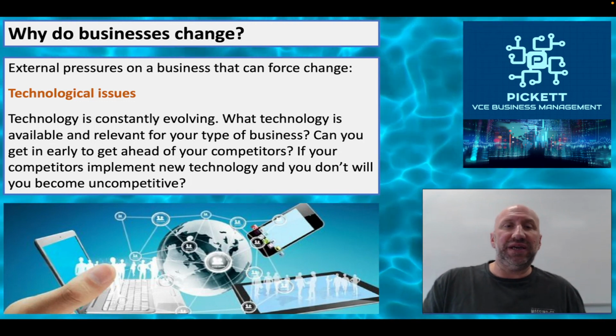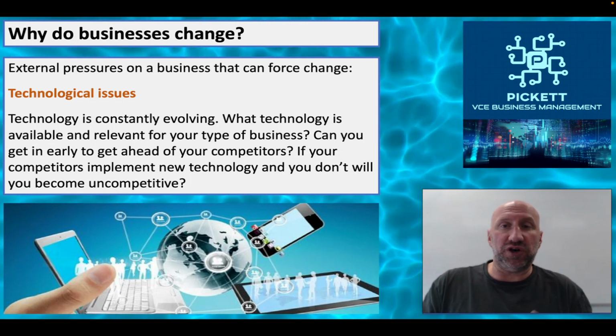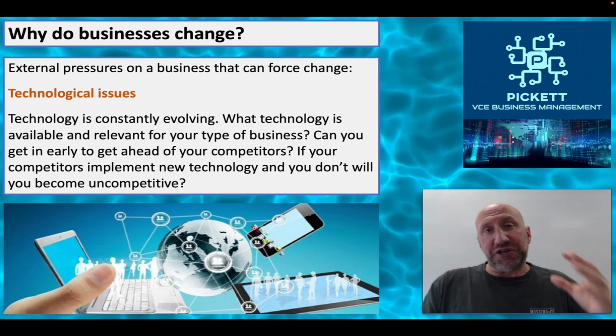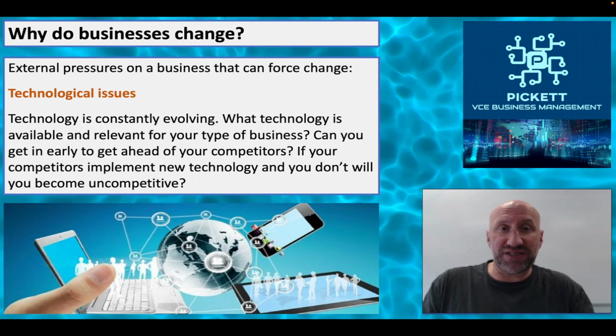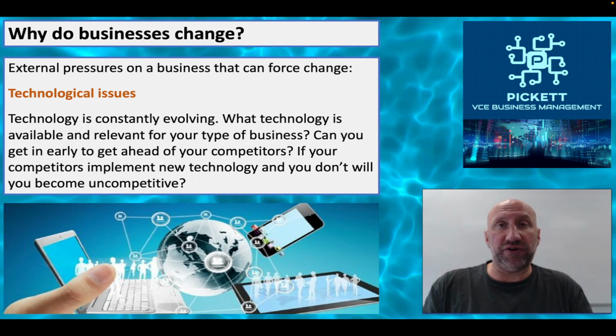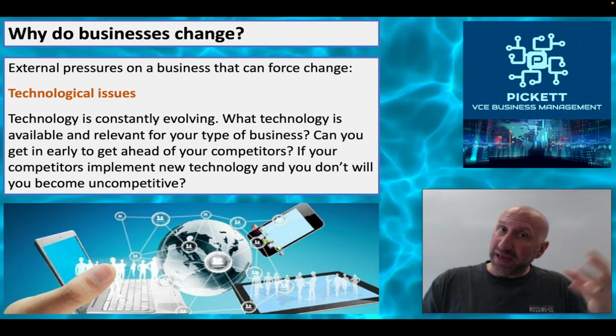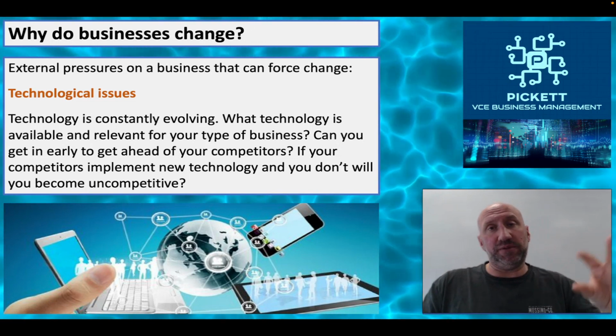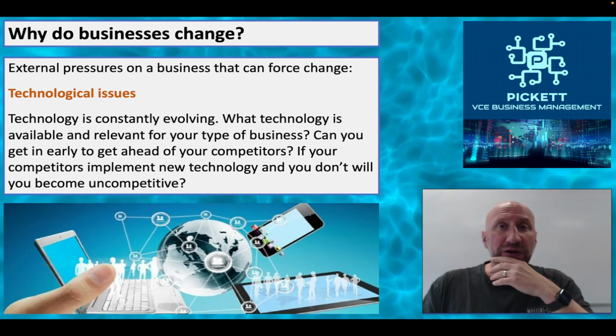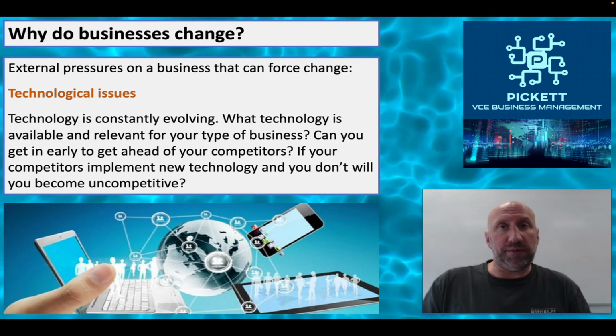What technology is available and relevant for your type of business? Can you get in early ahead of your competitors and get some competitive advantage by using new technology before them? On the flip side, if your competitors implement the new technology before you do, there's a chance that you might become uncompetitive yourself.